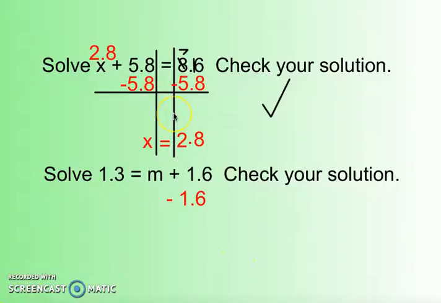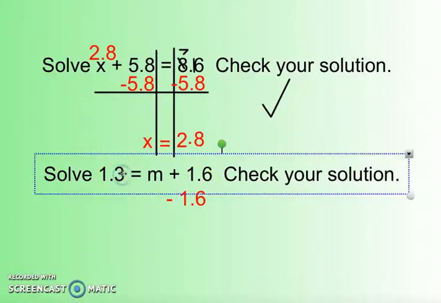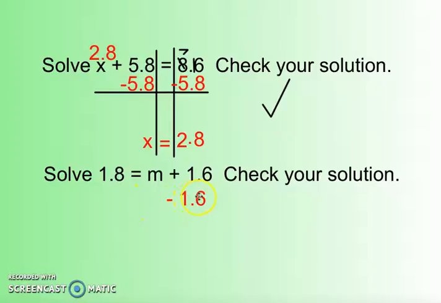Now, what I just realized is I have a number here that is 1.3, which is smaller than 1.6, and we have not worked with any negative numbers yet. So I'm going to change this number to 1.8. I'm going to make it bigger than 1.6 because I don't want a negative answer.